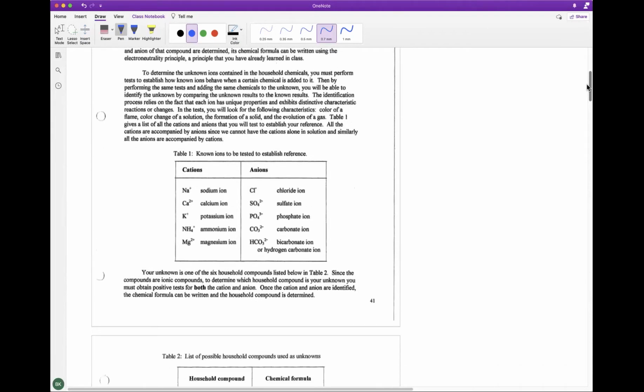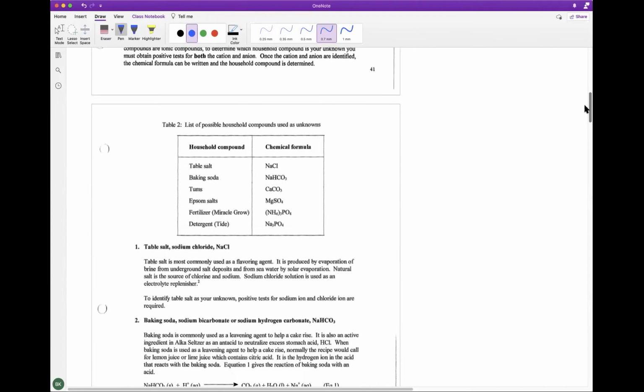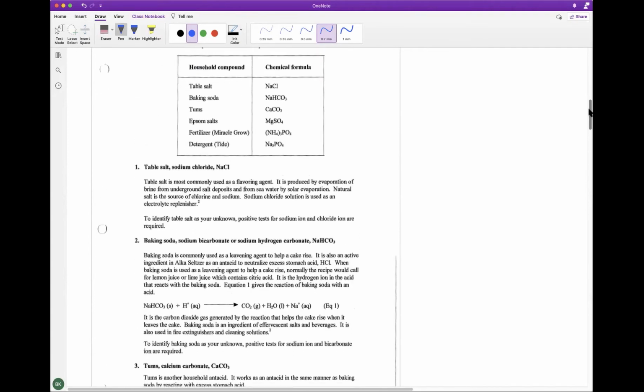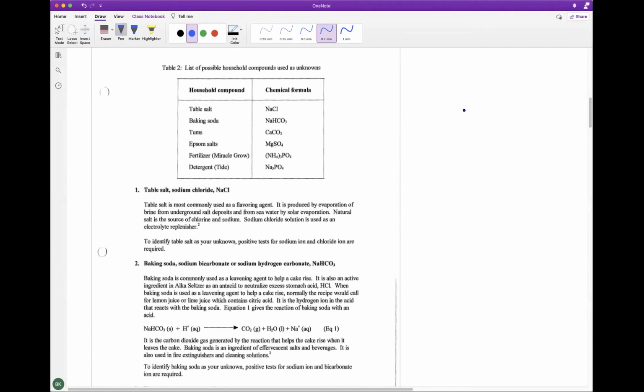So what we're going to be looking at is a variety of household compounds. This is on page 42 of your lab manual. These household compounds are very common things. We have table salt, baking soda, Tums, Epsom salts, fertilizer or Miracle-Gro, and a detergent.